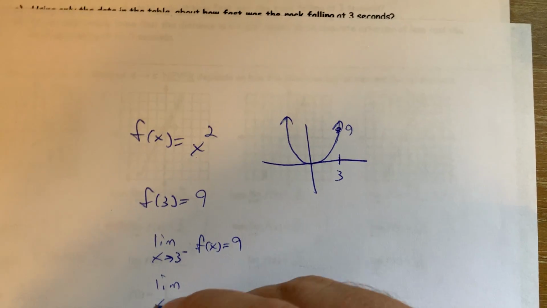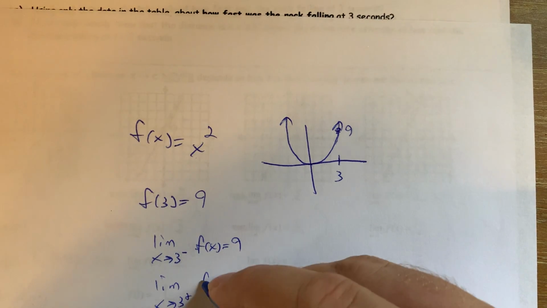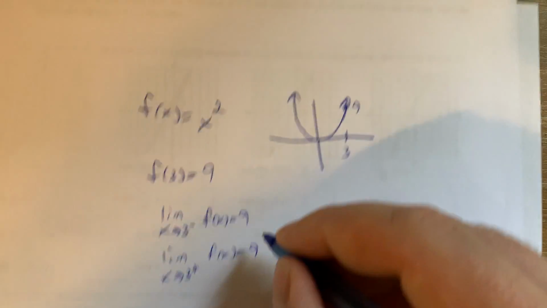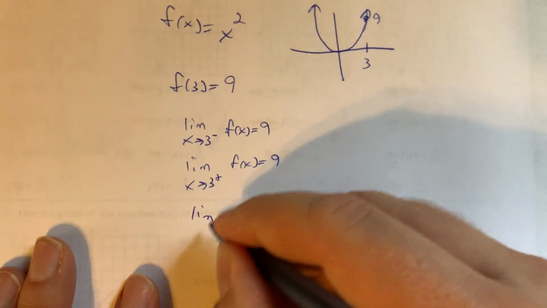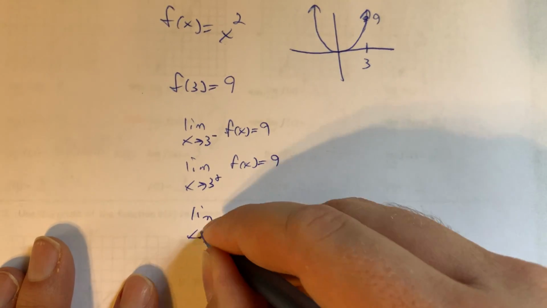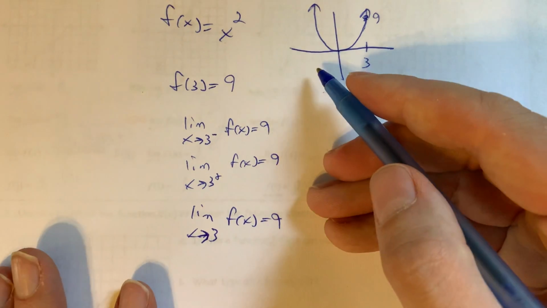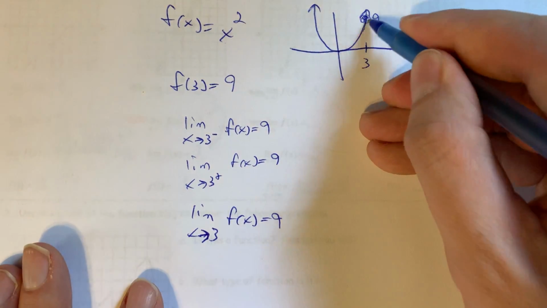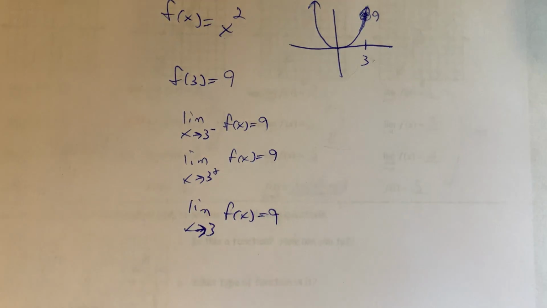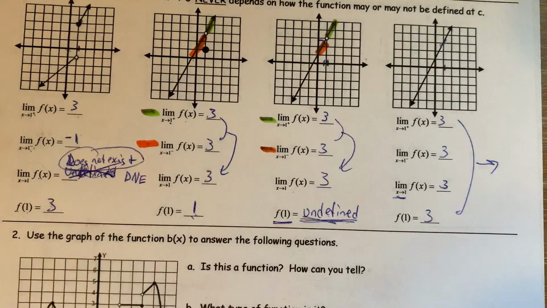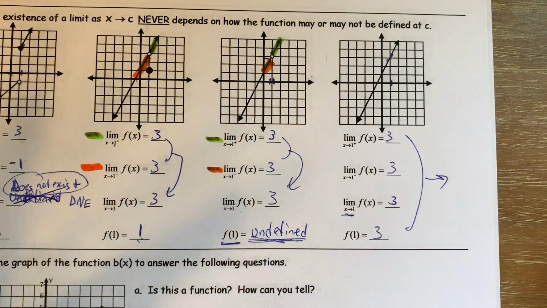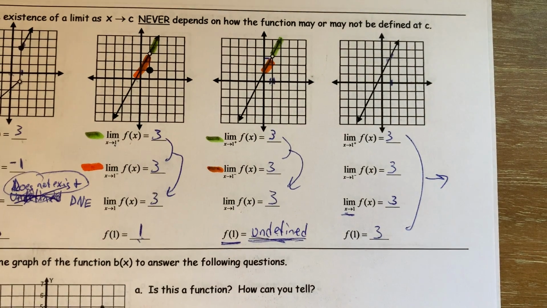Same with the limit as x approaches 3 from the right side, the y values are going to be 9. And the overall limit as x approaches 3 will be 9. And so for all continuous functions, if you know the y value, the limit will be the same as the y value because there aren't any breaks or weird things going on. And so that's a nice thing to know, that they can all be the same if it's a continuous function. And we'll talk about that more later this year.